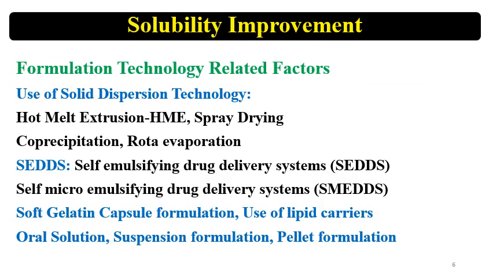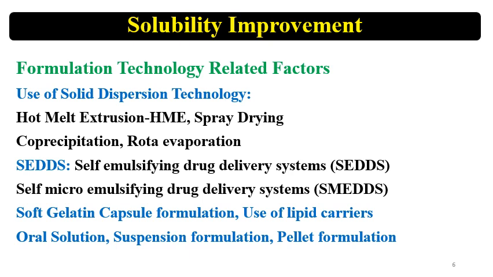Then formulation technologies, or you can say the process technologies like solid dispersion technology. Solid dispersion technology is done mainly by hot melt extrusion and spray drying. These processes use the polymer, and the API gets dispersed and dissolved in that polymer, and that's why the solubility is improved.